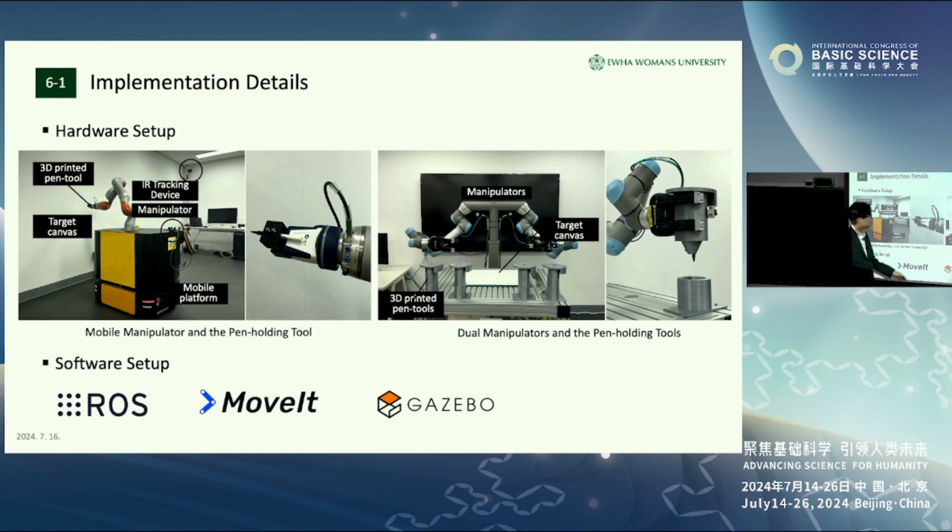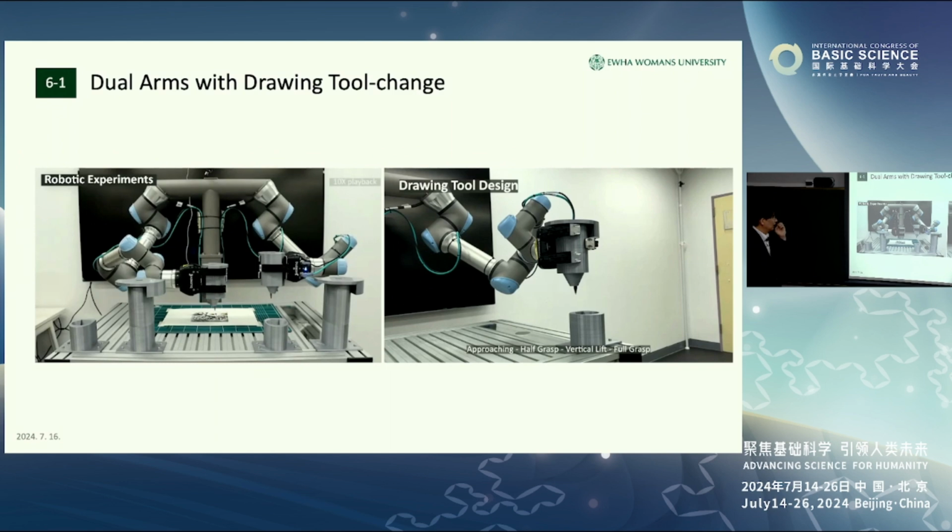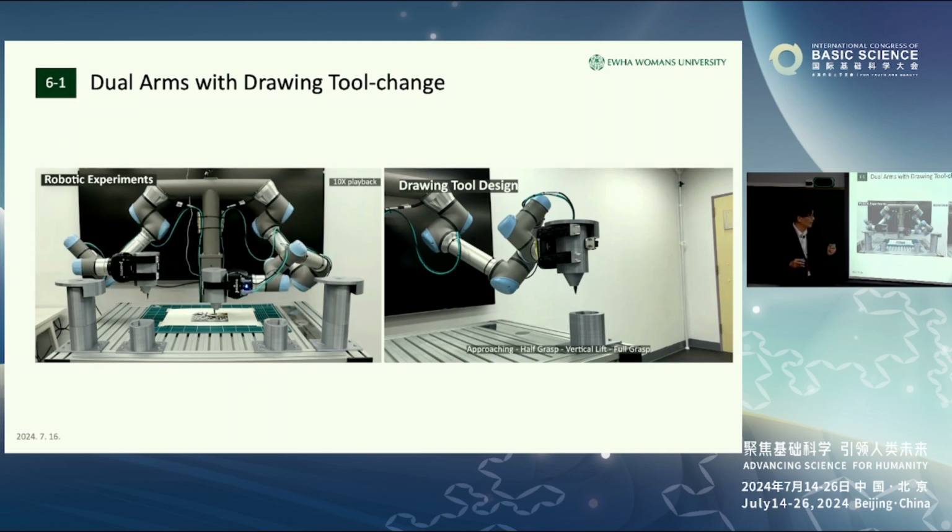And the other one is dual robot arms with a pen switching mechanism, with the typical software setups. And this is a demonstration of the dual arms working with drawing tool changes, so that depending on the color, you will switch to different pen colors.